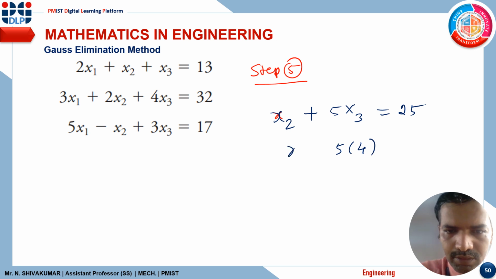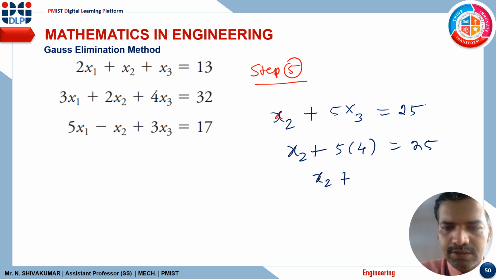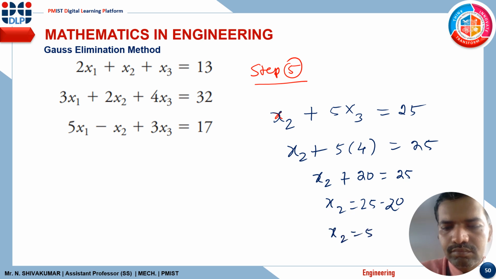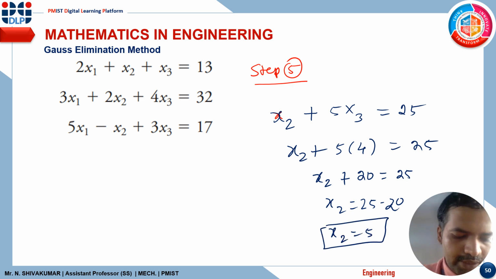It is 4. x2 plus 5 into 4 equal to 25. x2 plus 20 equal to 25. x2 becomes 25 minus 20, which is 5. So x2 is 5.